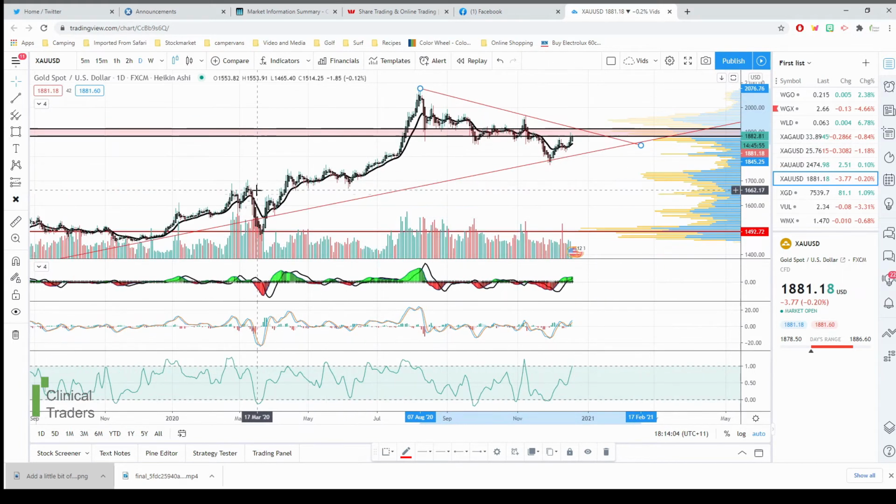There was a bit of an anomaly, so I left that out. And you can see that when I do that, we've got a touch here as well, and then we touch over here, and now we're heading higher. That was November 27. Gold stocks did not head higher from here. They had to wait a bit longer. I think it was around about here, the 15th, when we saw them bottom, and they turned around as well.